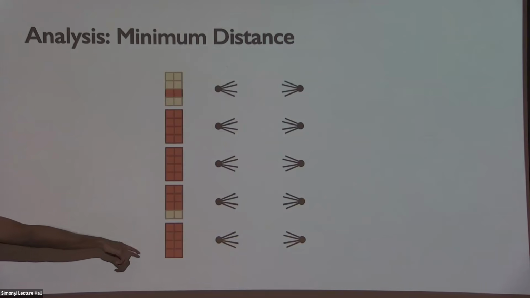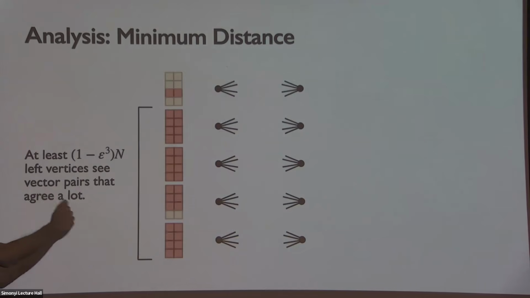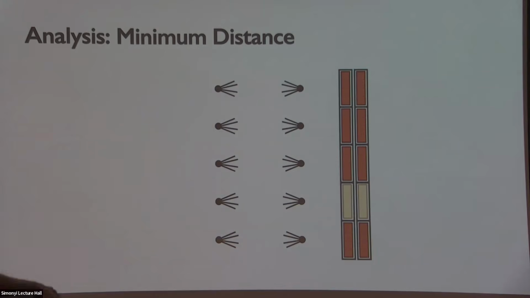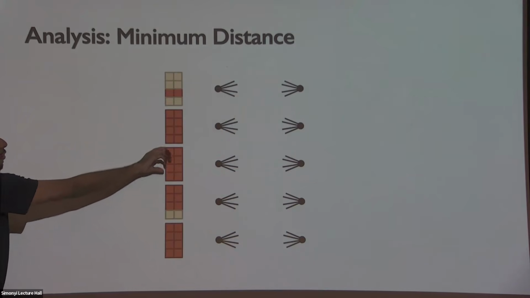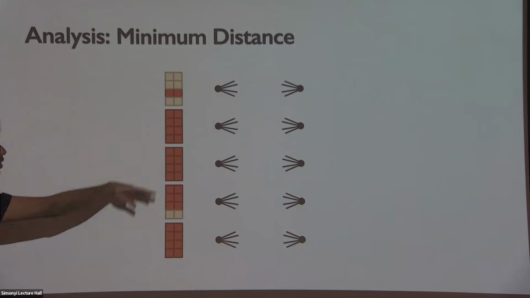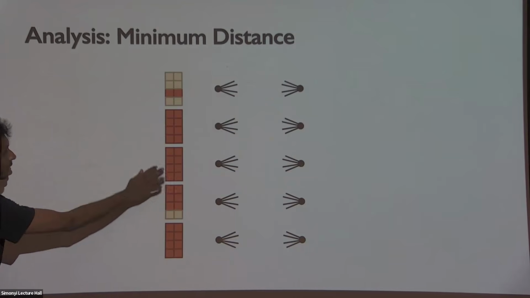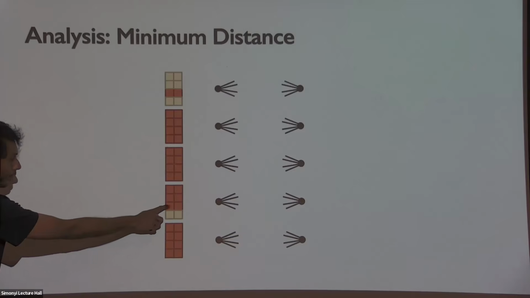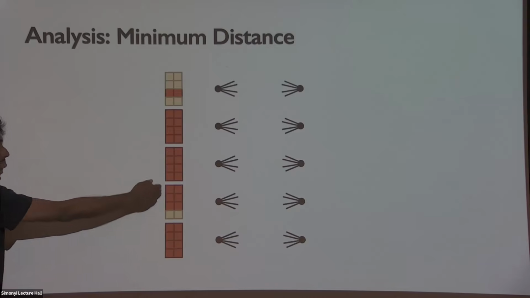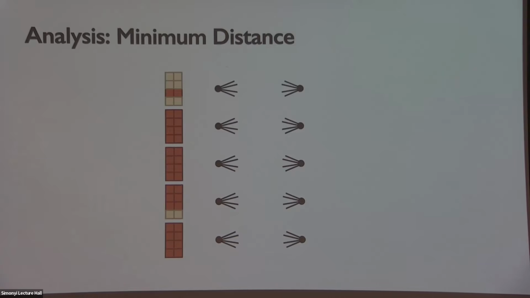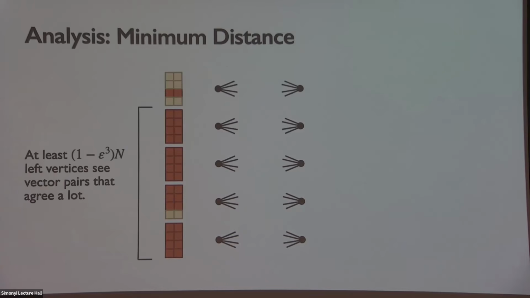And now I see that there's going to be a lot of left vertices where the vector pairs are agreeing a lot. It's not agreeing on all of them, but because I chose my inner code to be good, if it's agreeing on these many things, they'll have to be the same code word. That means there's only one inner code word that agrees with both of them.